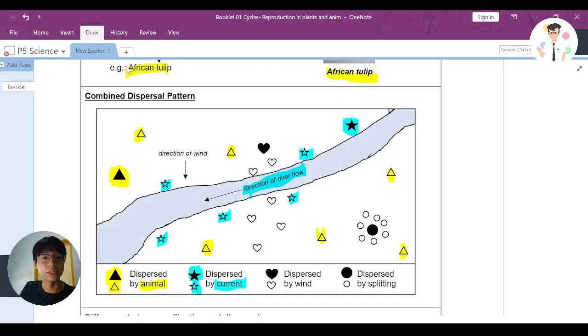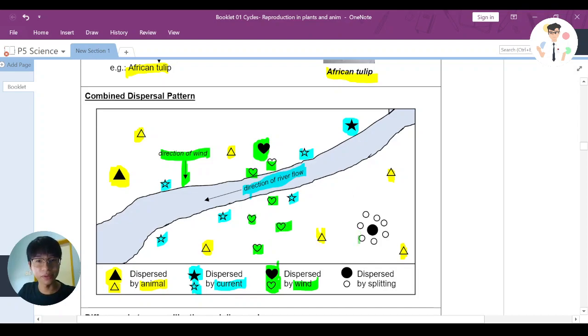If it's on top, it means it's not from the parent, or it's affected by another factor, okay? The next one is dispersal by wind. For wind, I think it's kind of simple also because it's similar to the current one. This heart shape is the parent plant, and the young plant or the offspring will follow the direction of the wind and go like this.